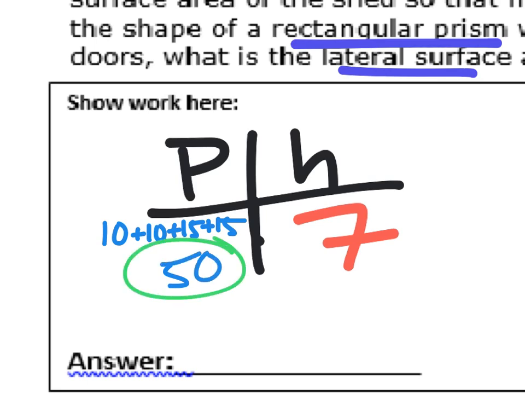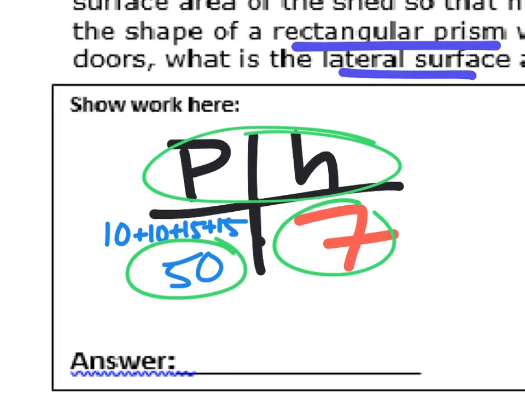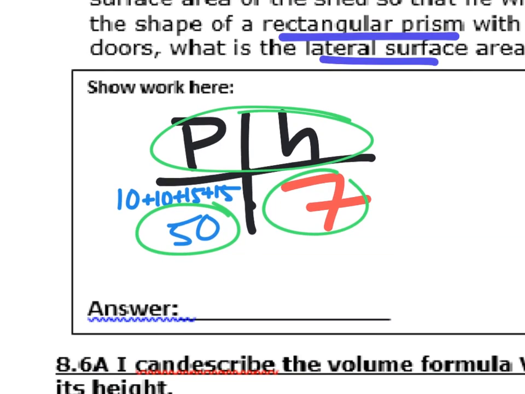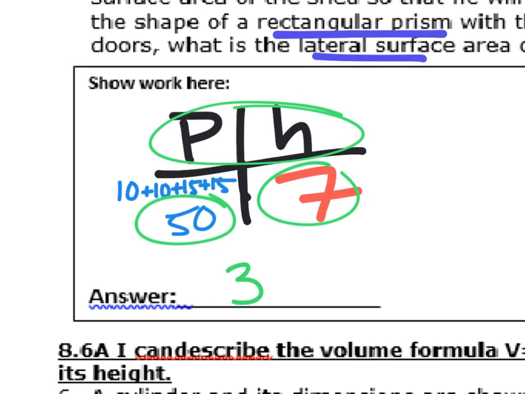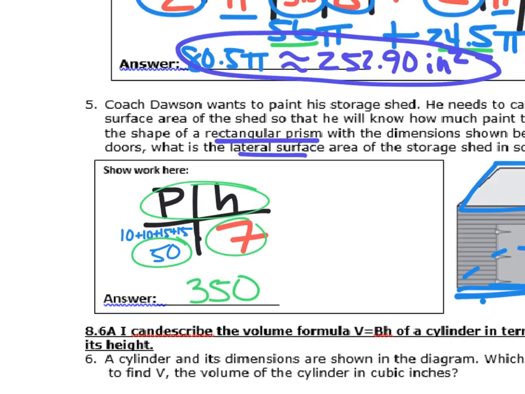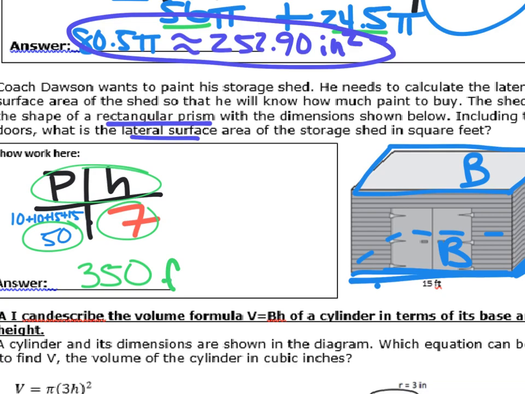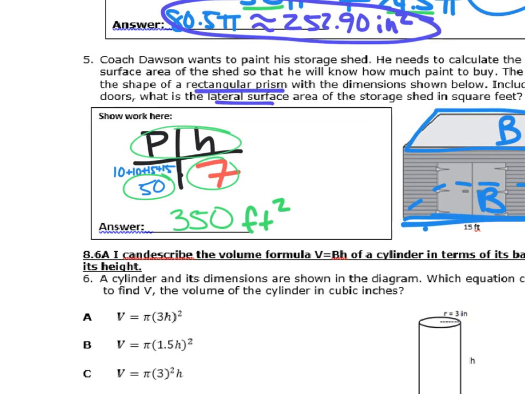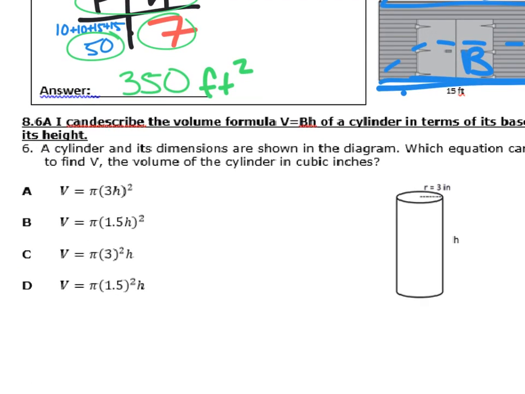So we're going to go ahead and multiply these two because P and H are next to each other. So 50 times 7, 350. And my units were feet squared.